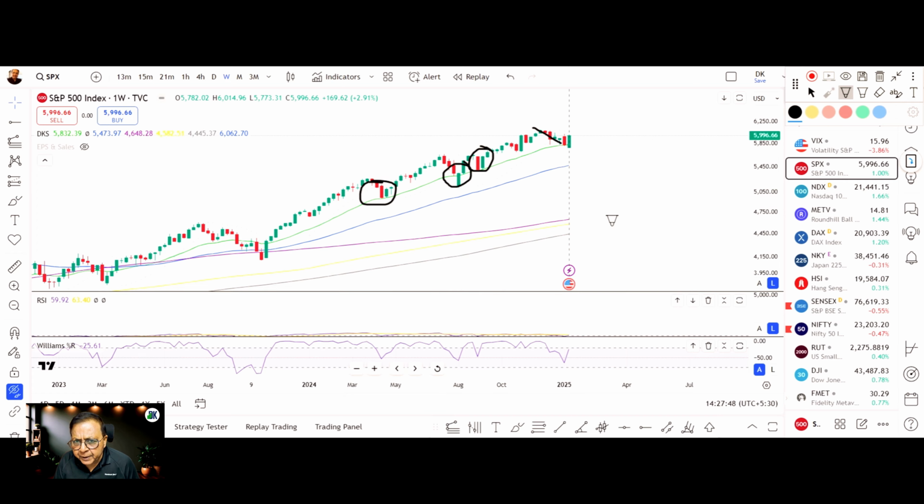Now I am putting up some of the technical studies on the chart. We had earlier discussed this rising price channel where price has been trading in a channel-like structure. Price has taken resistance here, here, and here.